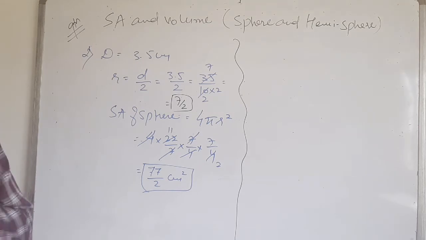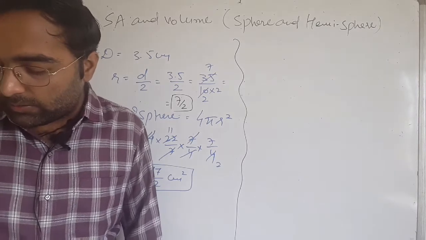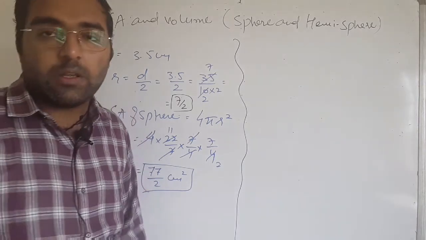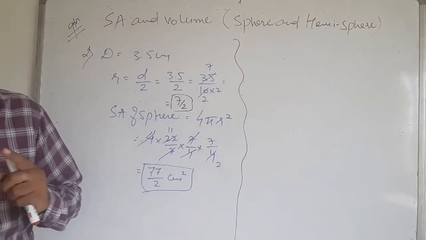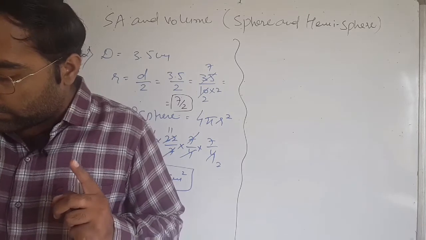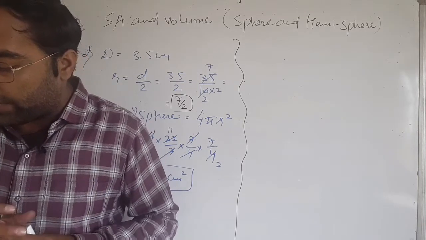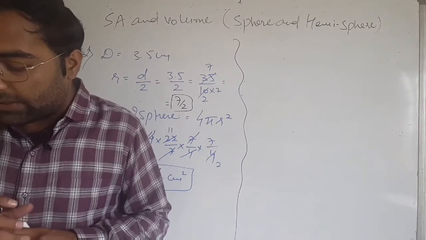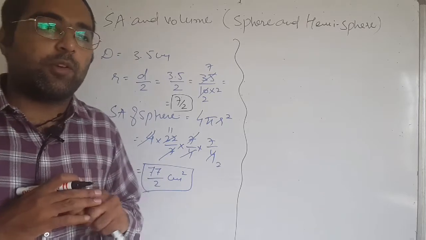Here it tells us to find the total surface area of a hemisphere, and second, the solid hemisphere. Each of radius is 10 centimeter, and use pi as 3.14.